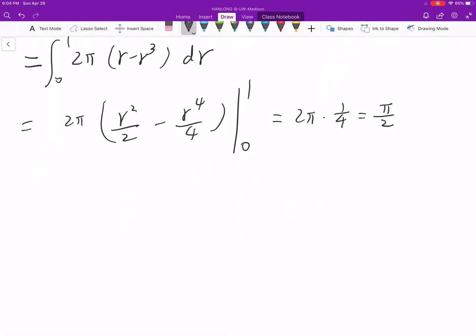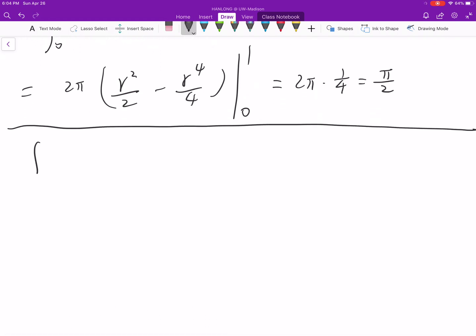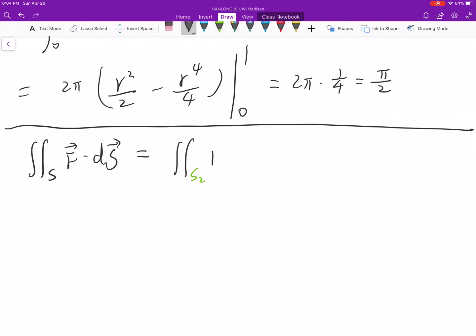Okay, although the last step is trivial, I would like to write carefully, because ideally you need to sum up the two integrals, over S2 and over S1.